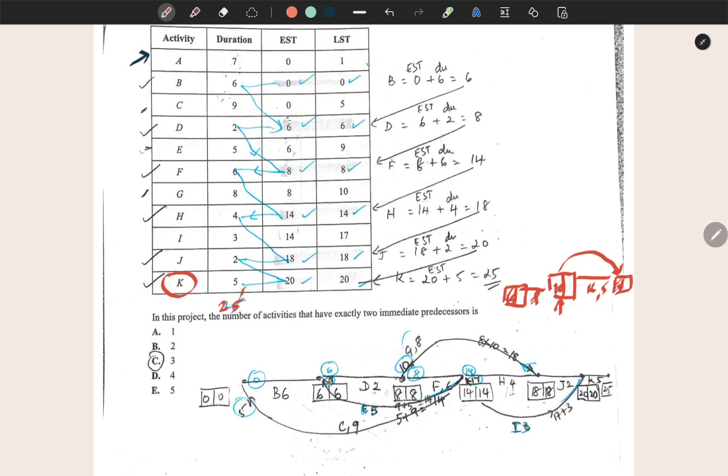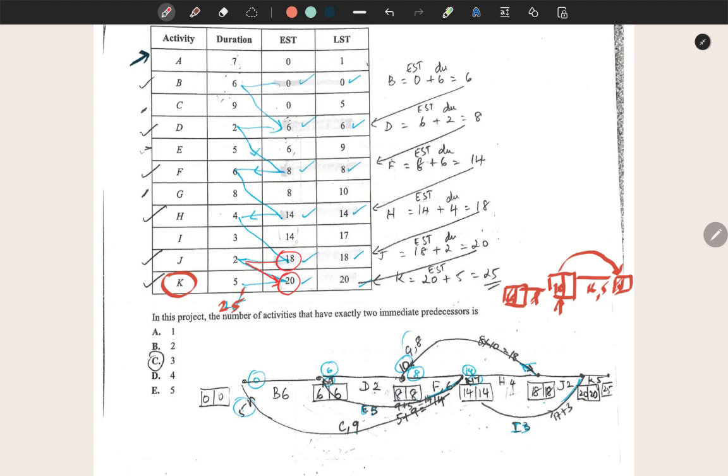So we look for 2 activities where the earliest start time plus the duration gives you 20, and we can clearly see 18 plus 2 gives us 20.